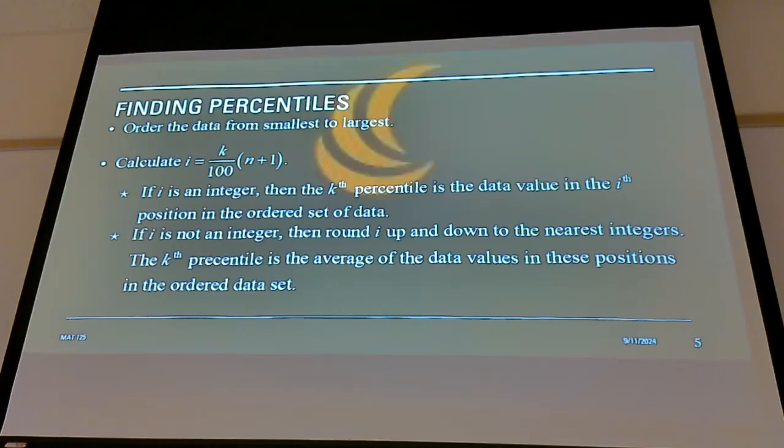If it's not an integer, round it up to the nearest integer, and round it down to the nearest integer. Then your kth percentile will be the average of the data points in those two positions. Right, so let's say I winds up being like 10.036 or something. You take the average value of the data points in the 10th and 11th positions, and that would be the kth percentile.